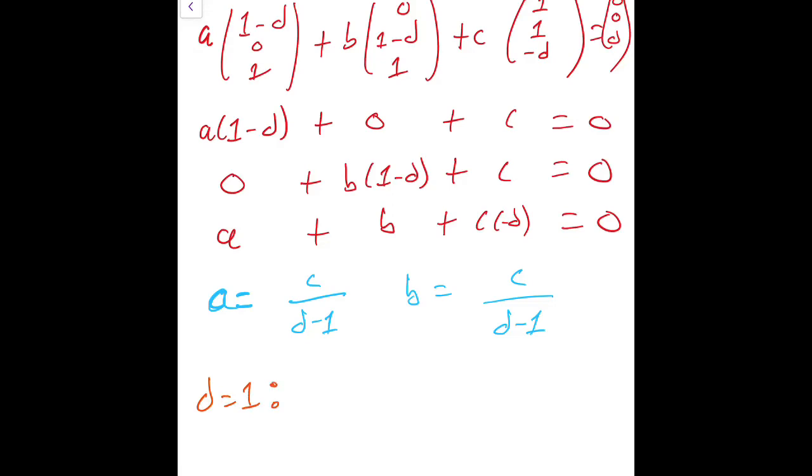If D is equal to 1, what happens? This system becomes a lot simpler. The first equation becomes C is equal to 0. The second equation also becomes C is equal to 0. And with C equal to 0, the bottom equation becomes A plus B is equal to 0.